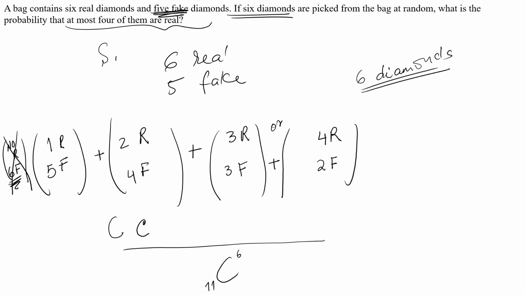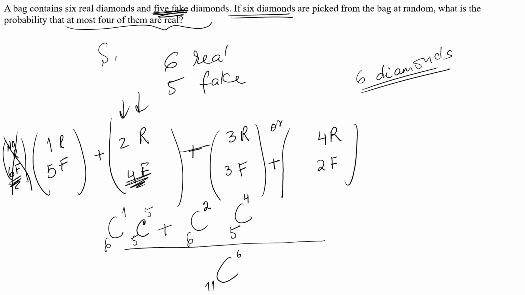1 real means 1 real out of 6 real, and 5 fake out of 5 fake, plus my second condition. It could be 2 reals out of 6 reals and 4 fake out of 5 fake.